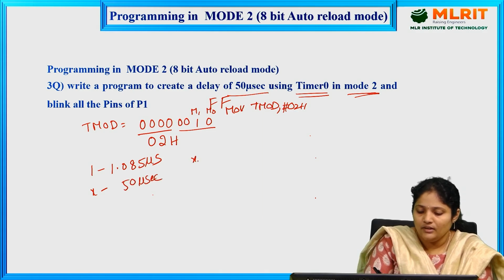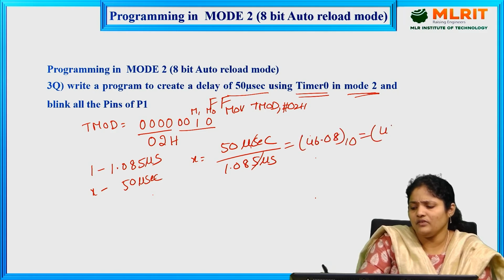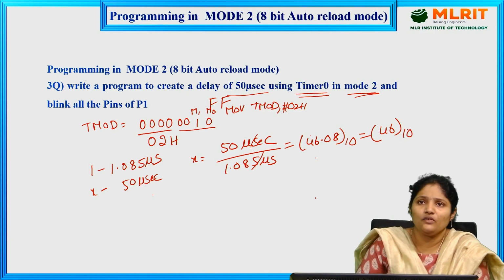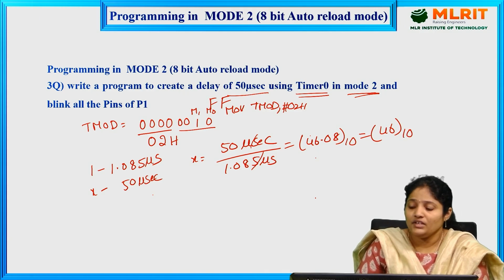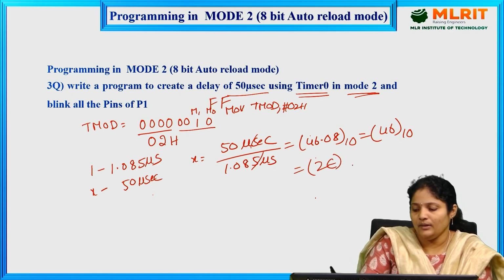So x equals 50 microseconds divided by 1.085 microseconds, which is 46.08 in decimal, or precisely we take 46. What is the equivalent hexadecimal number? The equivalent hexadecimal value is 2E.